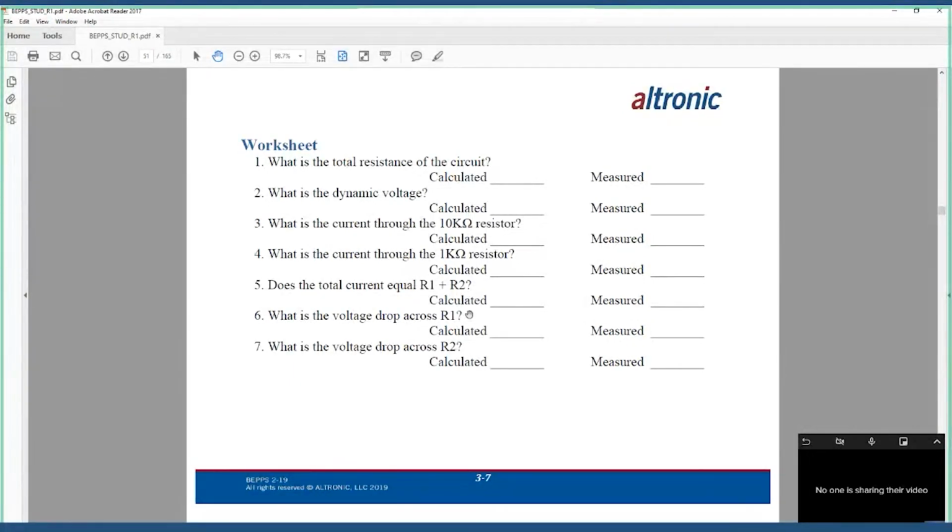Yeah, but we did those formulas based on what? Series circuit, right? And this is kind of a tricky one for you. At this point, if we actually have this circuit in front of us measuring it, and we're working the math, we're kind of going back on what we did at the beginning of the series circuit section.